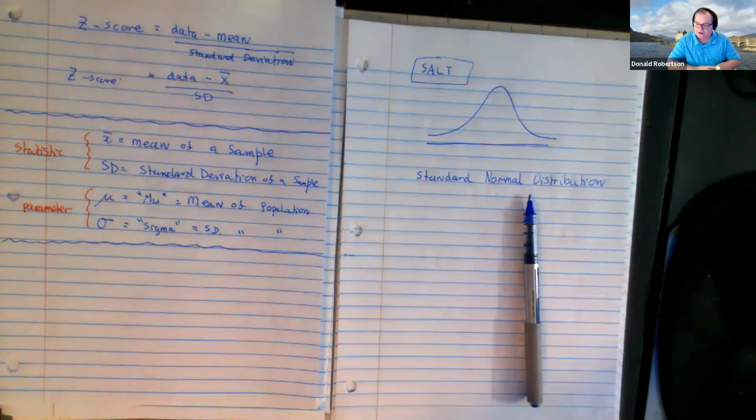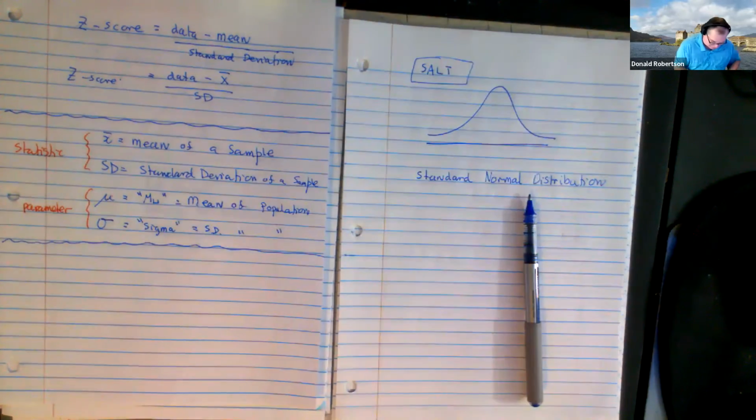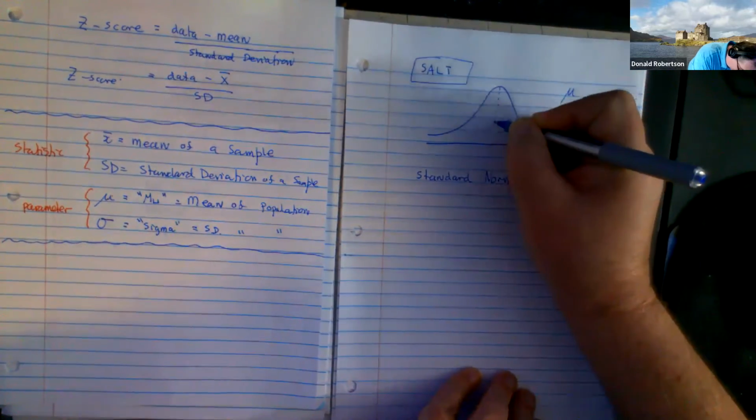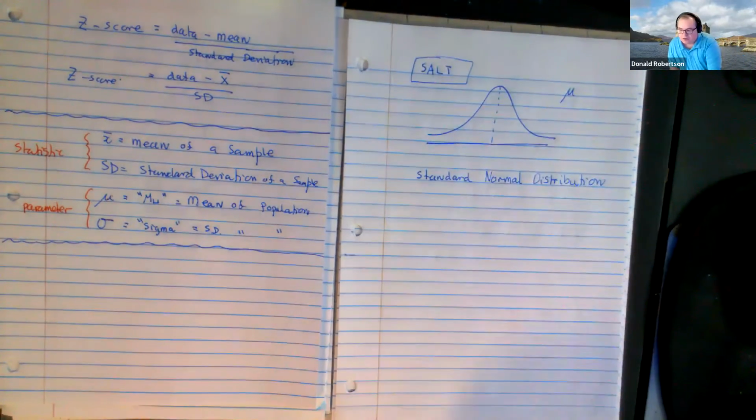Can you imagine you collected a whole load of data and you turned all of those data into their z-scores, you would get this shape. And the mean right in there. What should the mean be for all the z-scores? It's one particular number and it's always the same number. What's the mean of all the z-scores of some data? What's the number that you would expect to be bang in the middle for a z-score?